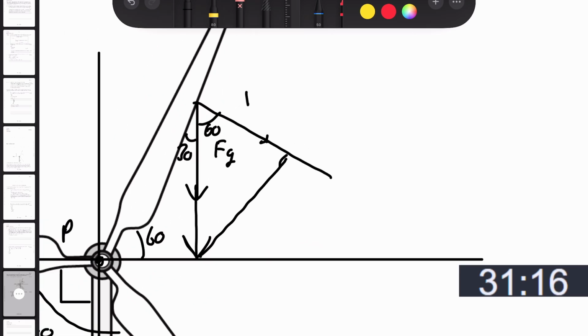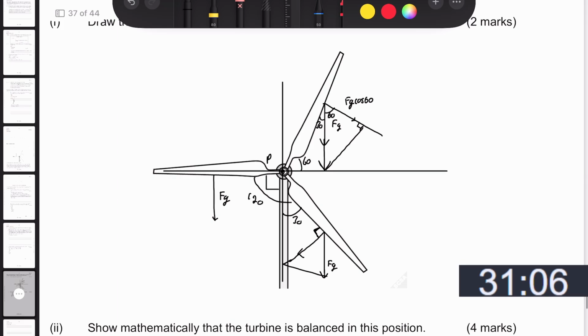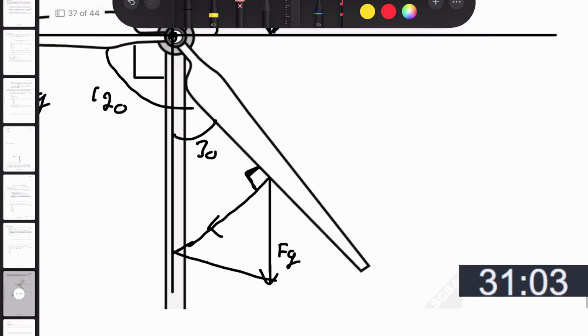so this force here is Fg cosine of 60, and then this force here, that's the 90 Fg, and let's say I have a parallel line there to that, so this is now 90 as well.